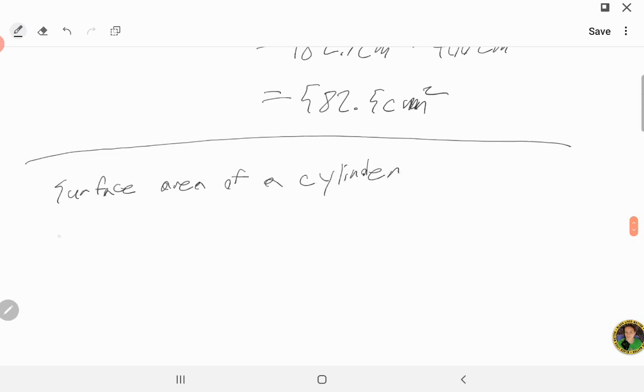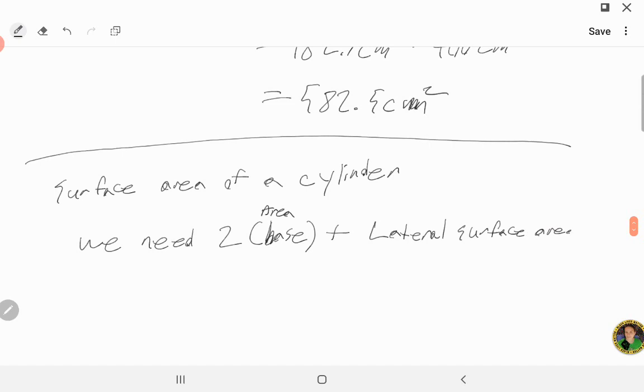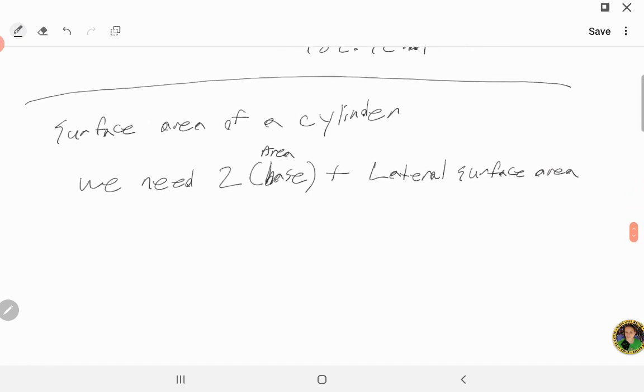We know that we need 2 times the area of the base plus the lateral area, but conveniently we know that the base part is going to wind up being 2 times pi r squared.